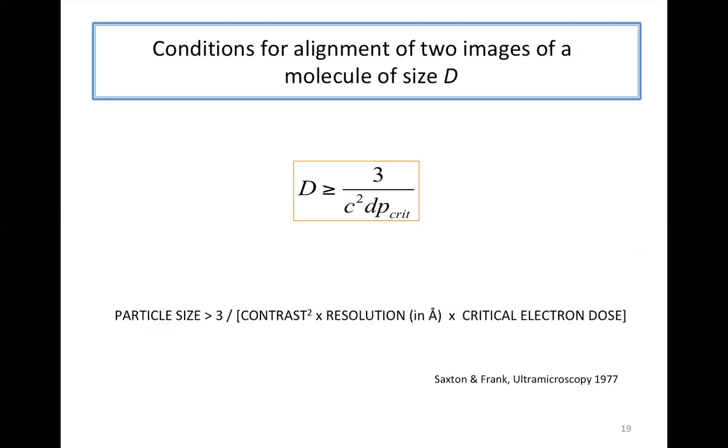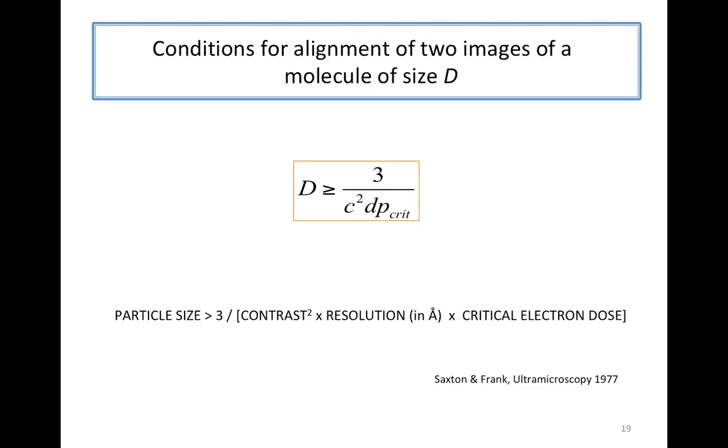So around the time when I was at the Cavendish lab in Cambridge, I met Owen Sexton, and together we studied the conditions for alignment of 2 images of a molecule of size d in terms of particle size, contrast, resolution, and critical electron dose.